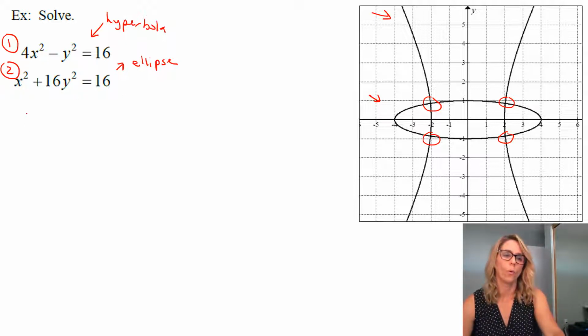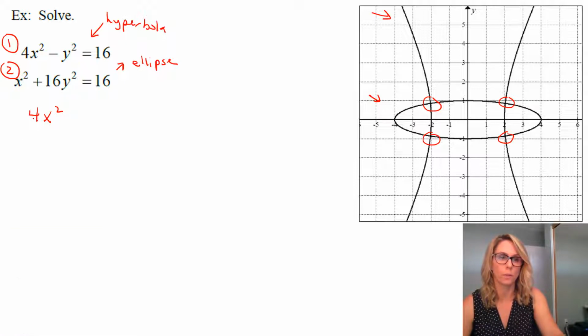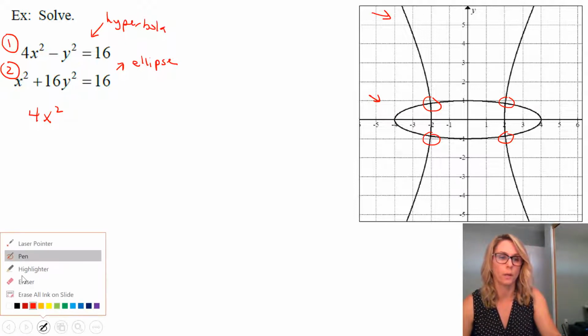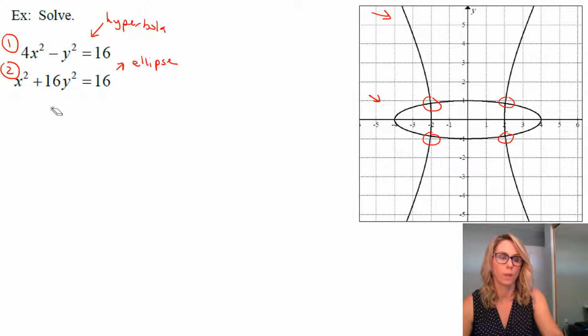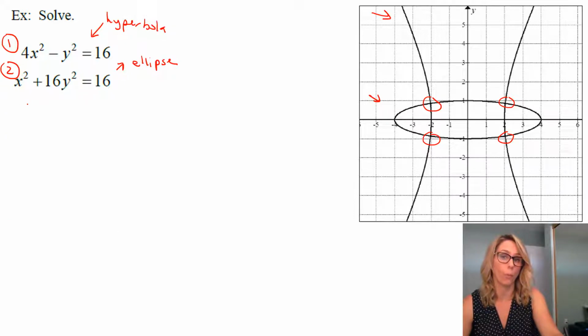And then you have a couple options, but I'm going to take equation number 1. Maybe I'll write just a little bit more so you can see what I'm doing here. I'm going to take equation 1 and add it to equation 2 that's been multiplied by -4. So equation 1 plus -4 times equation 2.